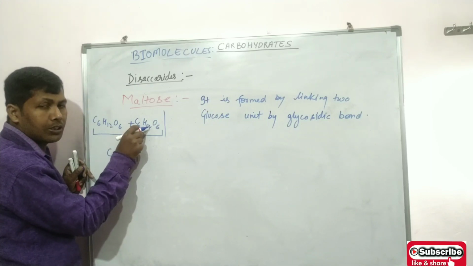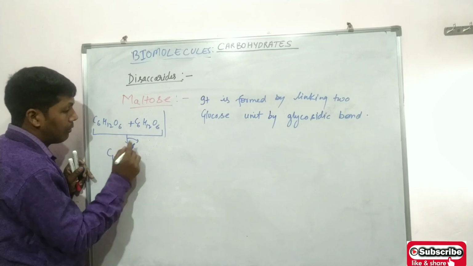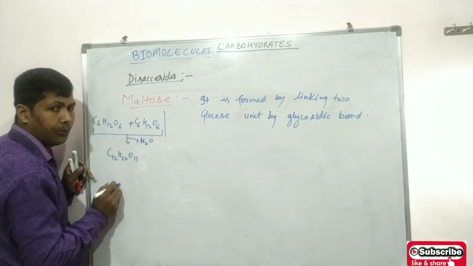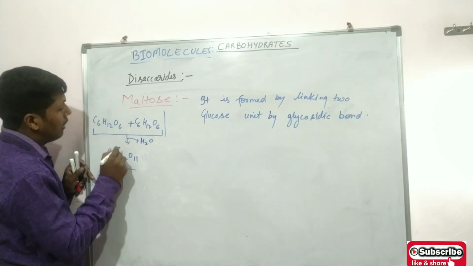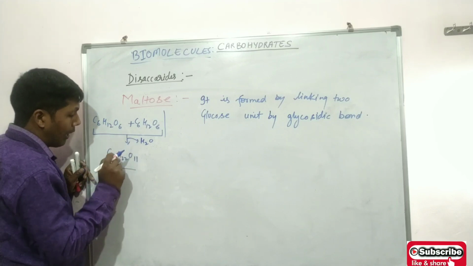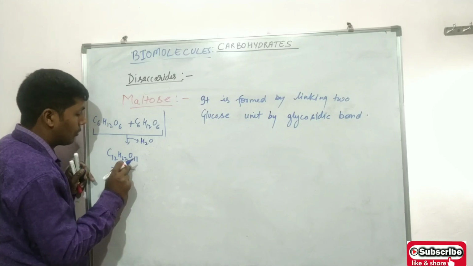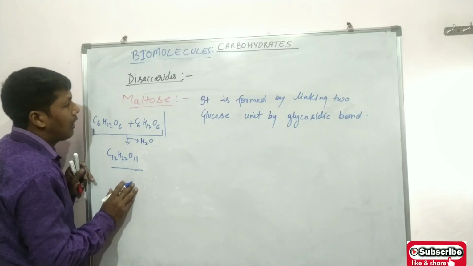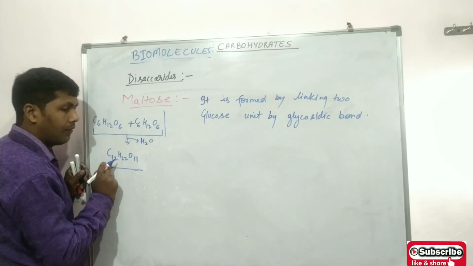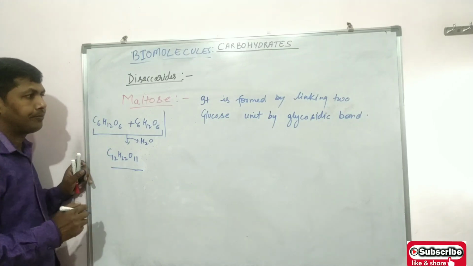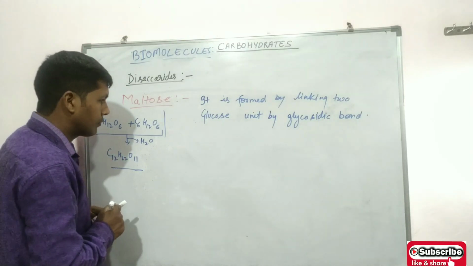When both molecules combine, one molecule of water is removed, so two hydrogens are lost and one oxygen is lost. So the general formula of maltose is C12H22O11. How is it formed?